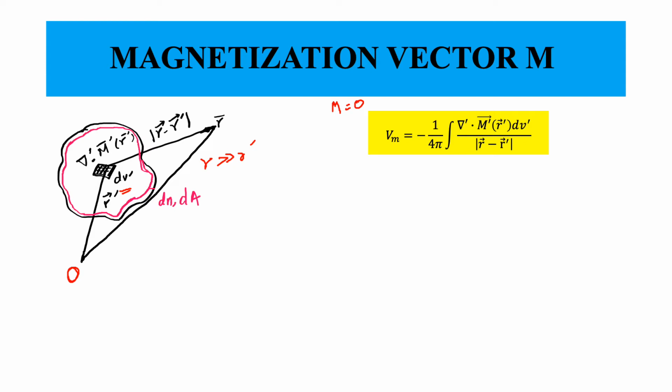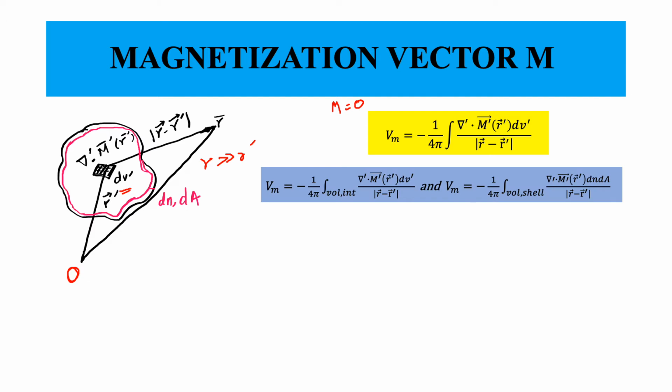Now if your volume element lies entirely inside the material, then there is no problem. Okay, so your equation can be split in two ways. One equation simply works inside, the volume interior, where it has del dot M prime of r prime dv prime by 4 pi r minus r prime.